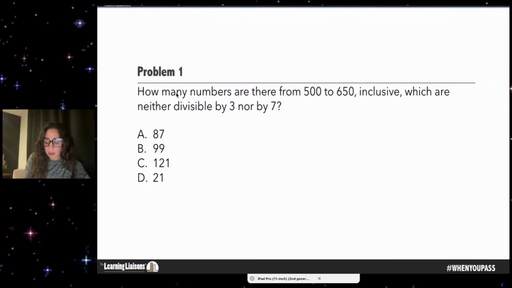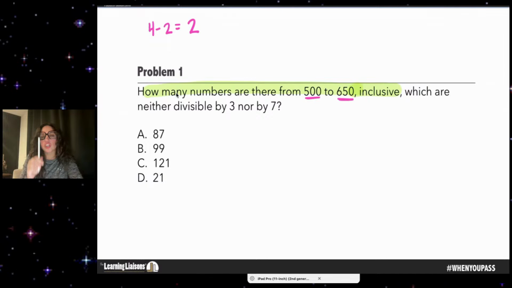So how many numbers are there from 500 to 650 inclusive? Inclusive means we're including 500 and 650. Think about this: if I said how many numbers inclusive are there between 2 and 4? If I subtract 4 minus 2, that equals 2.